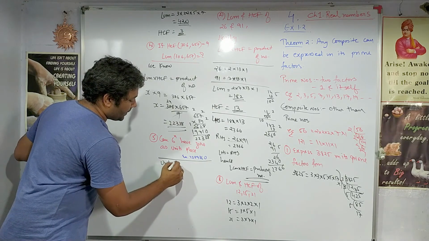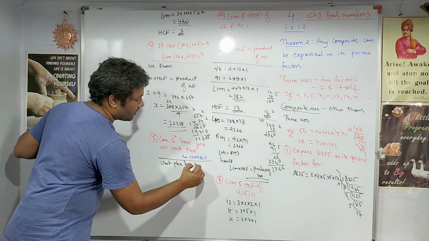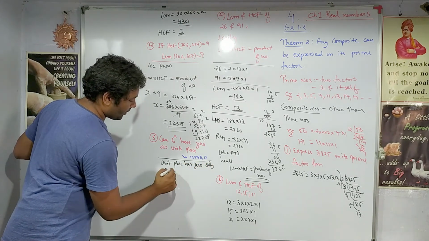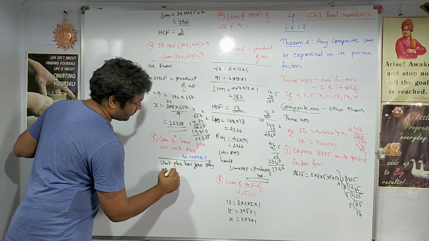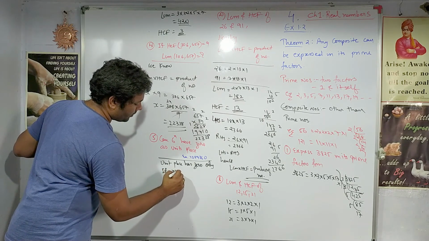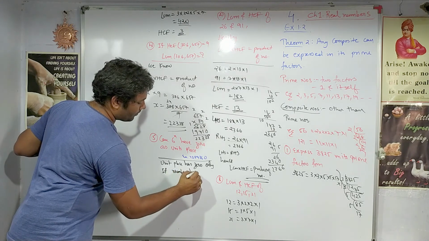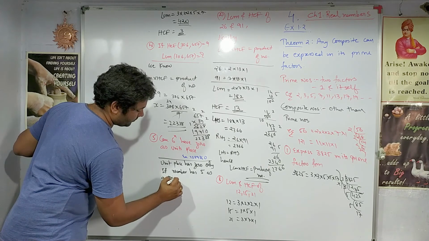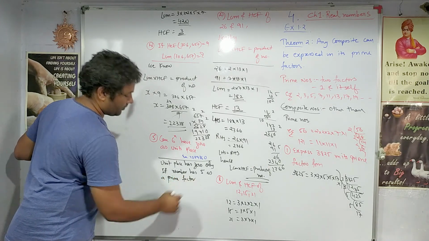Units place has 0 only if the number has 5 as a prime factor, right?